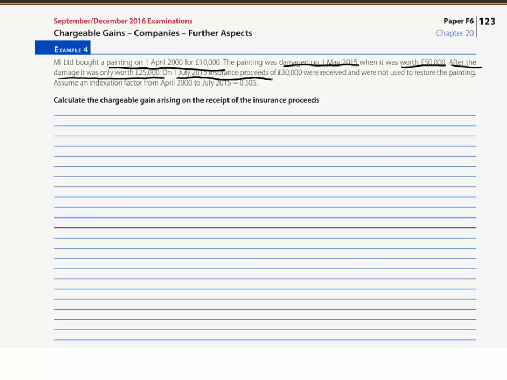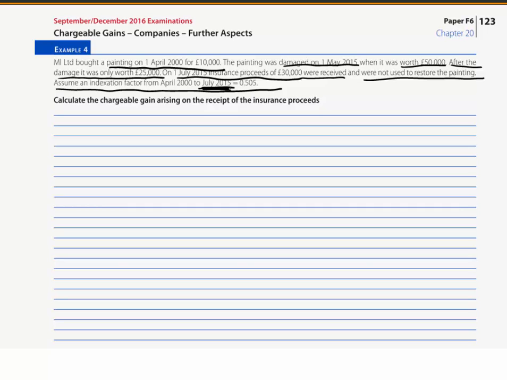On the 1st of July 15, insurance proceeds of £30,000 were received and were not used to restore the painting. Assume an indexation factor from April 2000 to July 2015. What happened in July 2015? That is when the insurance proceeds were received.